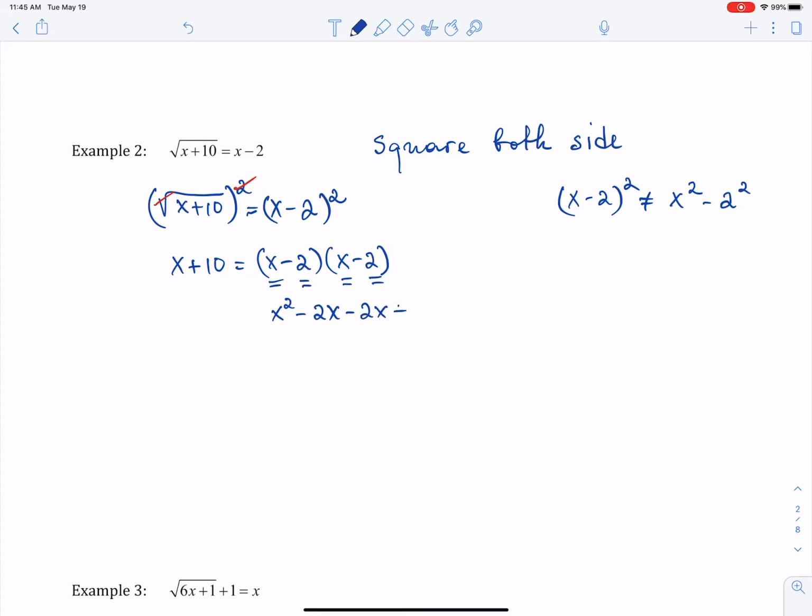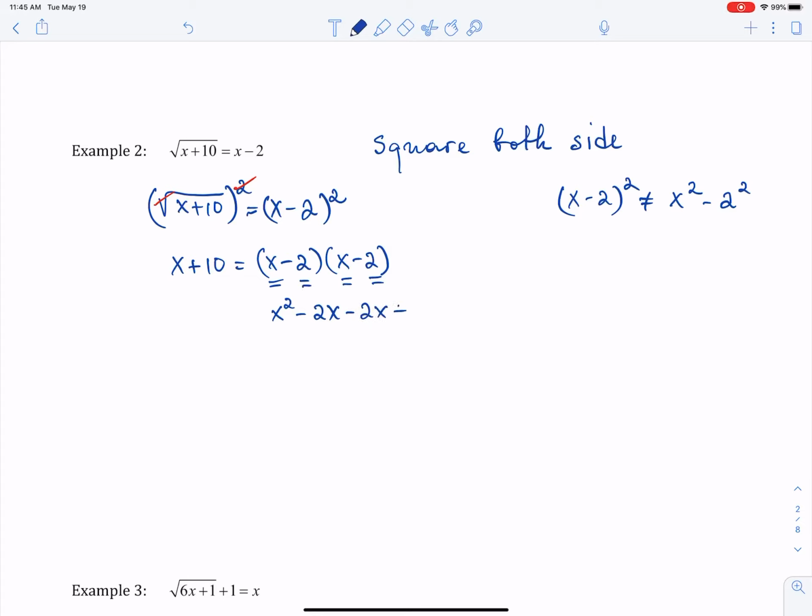However, here it's not hard to factor, because negative 6 times 1 is negative 6, and negative 6 plus 1 is negative 5.